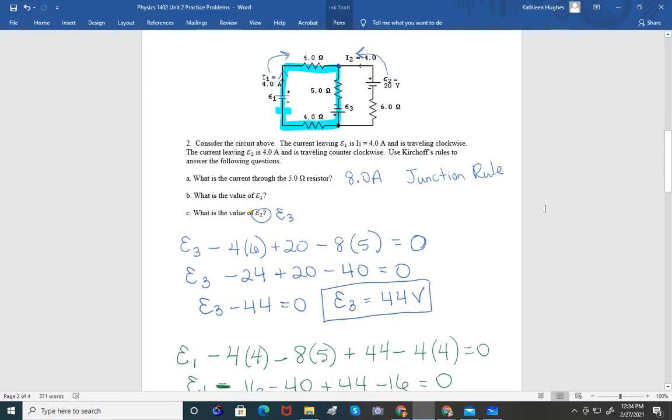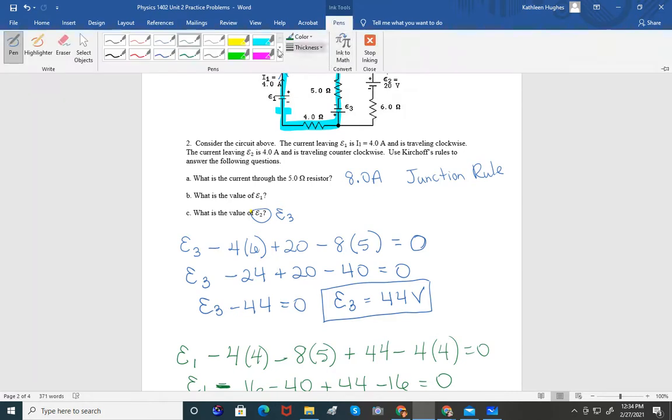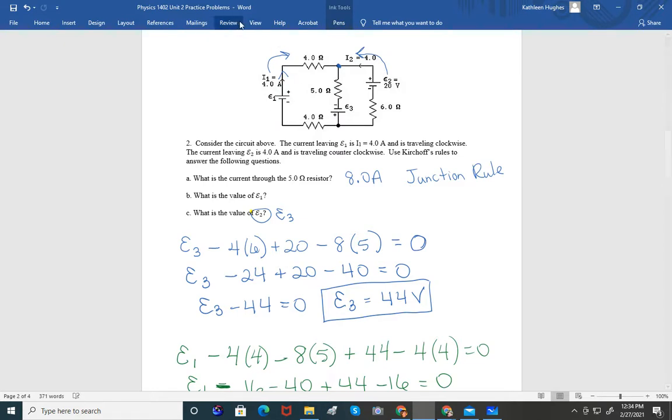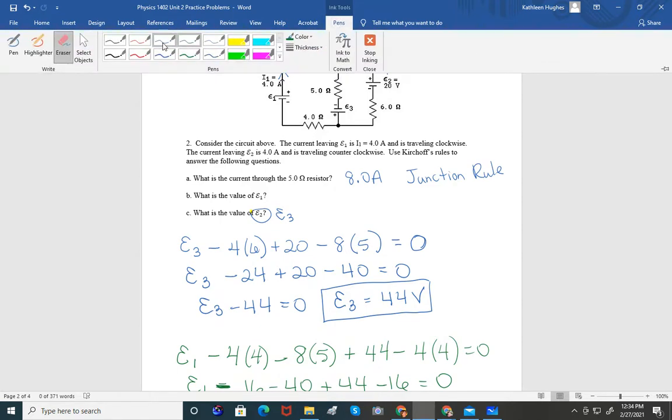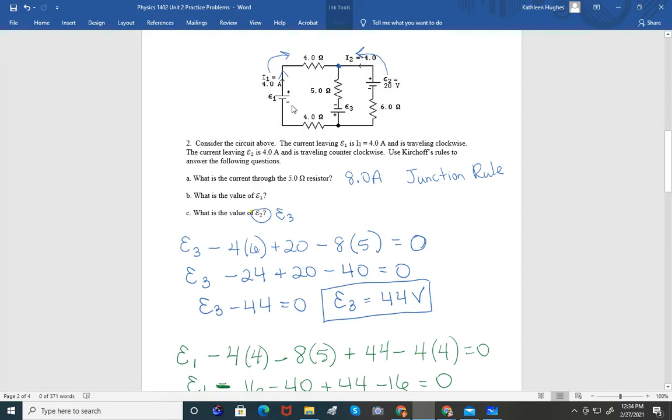Let's do the big loop, and that's the one where we're going to have to really pay attention. So let's erase this green highlight, and let's look at what happens if I start here and I go all the way around this way.